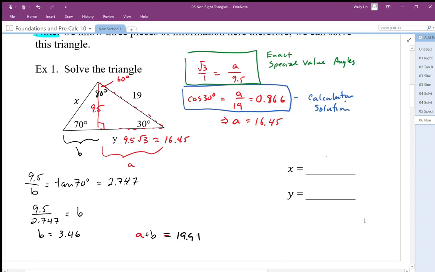You may be off a little bit by rounding errors, and that's okay. We don't need this degree of accuracy, but as long as you're close to 20, you're doing the right thing.